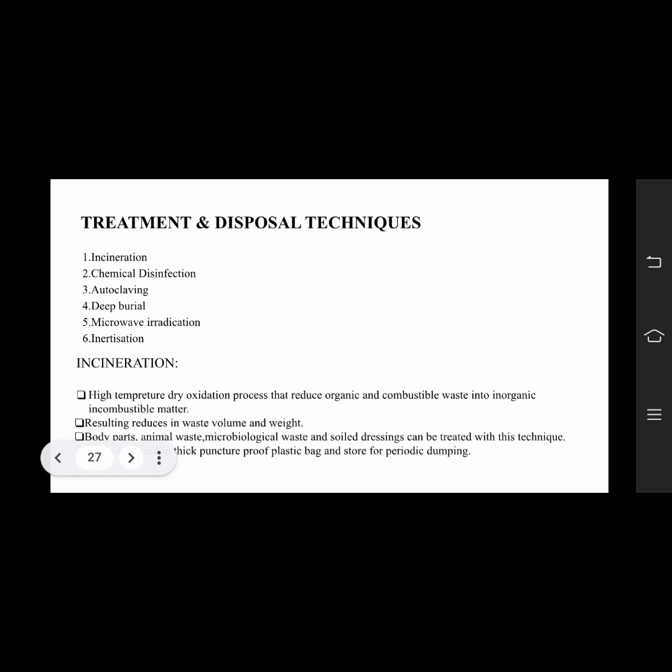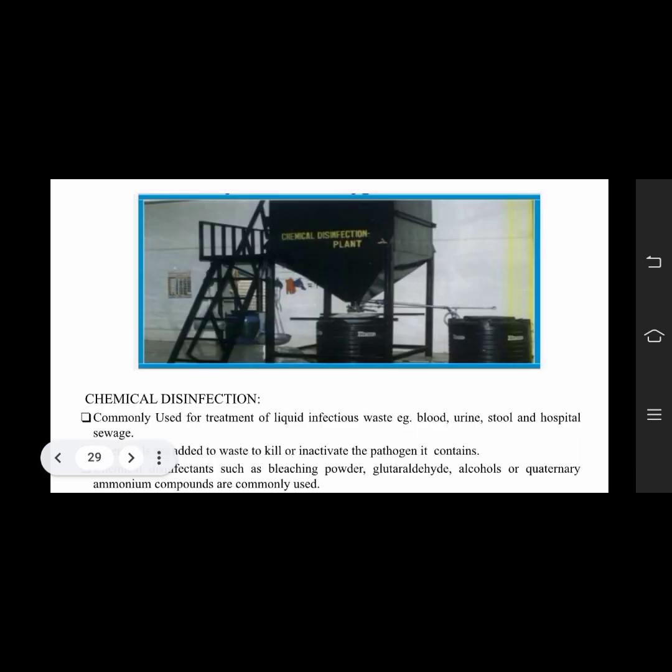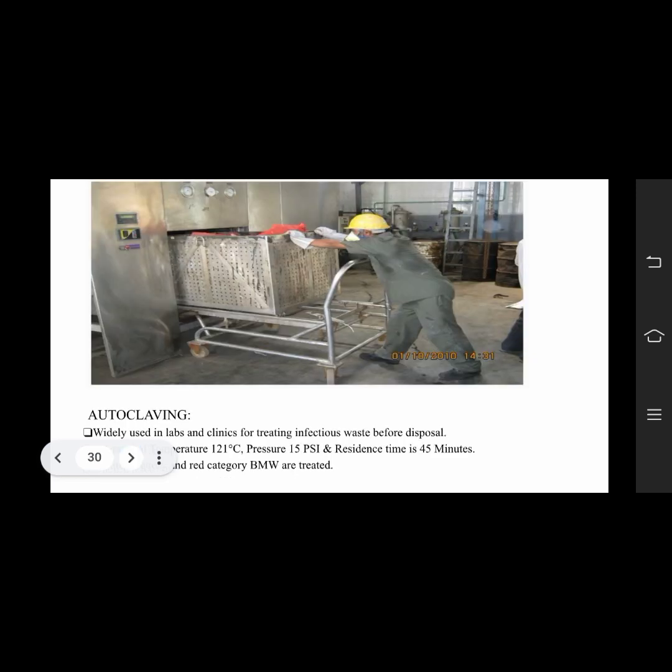In autoclaving, we have to sterilize the waste properly. After sterilizing it properly, we can discard it in the appropriate manner.